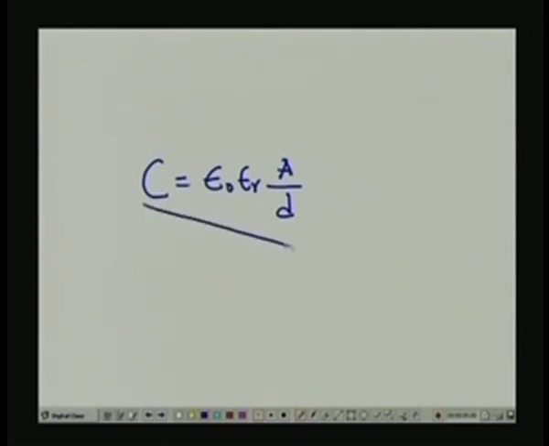You can see from this relation that C is inversely proportional to D. So, it is a nonlinear relation, because if you take a differentiation then you find it is nonlinear, right. But we can see that with the use of a simple op amp we can linearize it. This is very much necessary because in many applications we need this type of measurement.